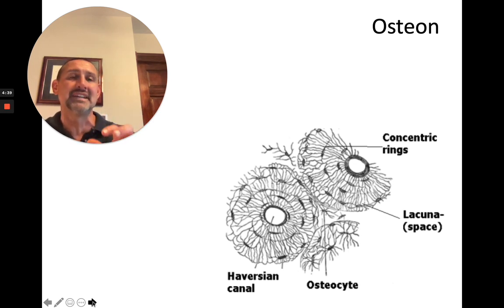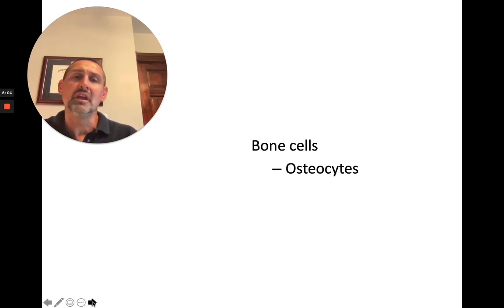So we've got cells surrounded by matrix, this kind of protein matrix. The space that the bone cell occupies is called the lacuna. So those are like spaces. Osteocytes are mature bone cells. And then running right down the center of this osteon is a Haversian canal, an opening where nerves and blood vessels are located.